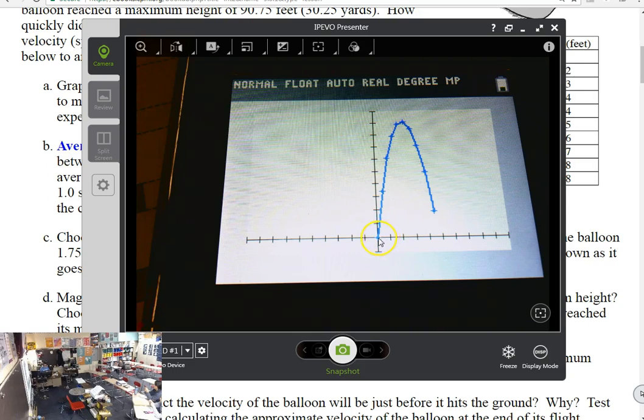If this is time, right, my x values is time moving forward, and this is height, my y, is my rate of change going to stay the same here as I travel? Why, when I launch something up, does rate of change not stay the same? What makes it come back down?